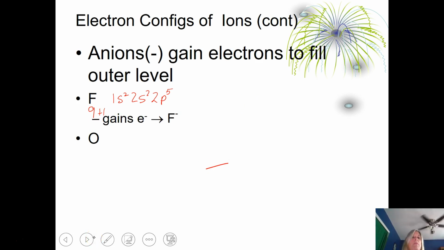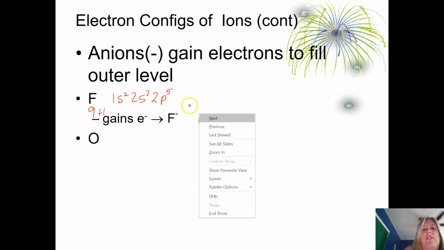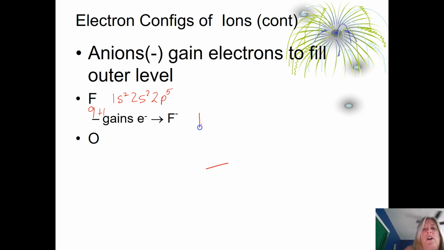So it becomes fluorine -1, but that -1 means it gains 1. So the electron configuration of fluorine -1 is 1s2, 2s2, 2p6. That has 10 electrons, and that is just like neon. Fluorine's dressed up like neon at this party.